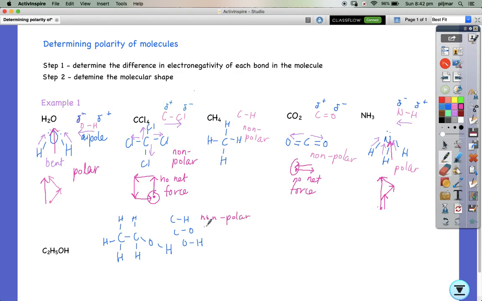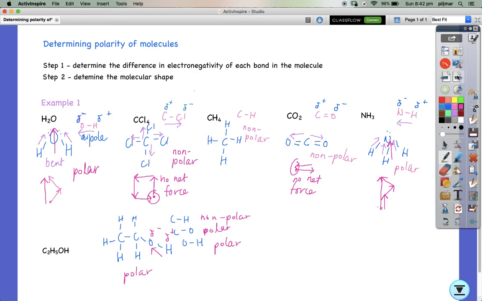The CO, as we've said above, is polar, and the OH, as we've said above, is polar. We're just going to focus primarily on the OH bond over here. Essentially, because we've got a net force of attraction towards the oxygen, and even from this carbon, this is going to be overall a polar molecule, because there's no other force of attraction towards electrons in an opposite direction that would be cancelling it out.